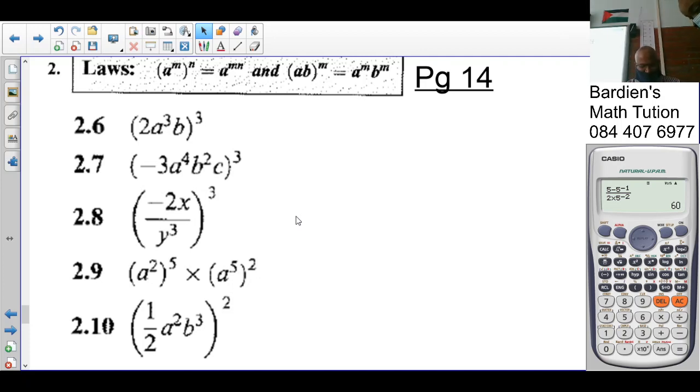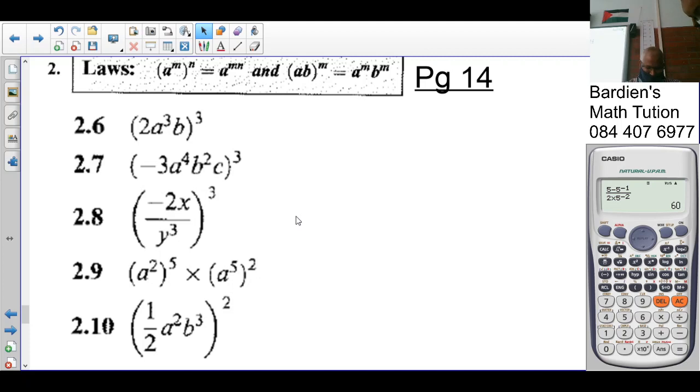Negative to an odd exponent will always be? No, it will always be negative. If it's odd, it will always be negative. If it's even, it will always be positive. What's 3 cubed? This was a 1 here. What's 1 times 3? 3. A. 4 times 3? 12.